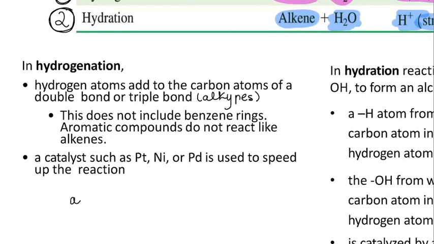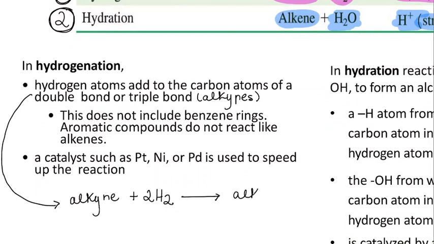In the case of the alkyne undergoing hydrogenation, we still react with molecular hydrogen. But understand that because we have 3 bonds, we're going to break 2 of them. And since we have to add 4 hydrogens, we use 2 moles of molecular hydrogen for alkynes to achieve the alkane.